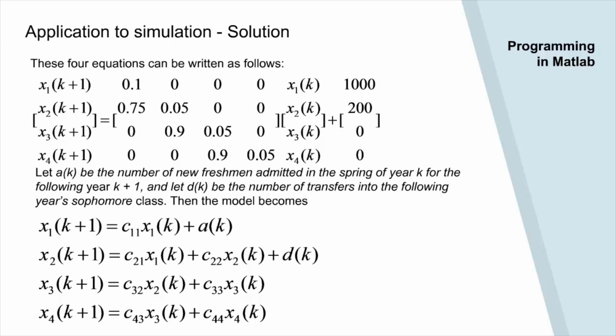The last four equations, that is for x1(k), x2(k), x3(k), and x4(k), can be written in matrix form as shown here.